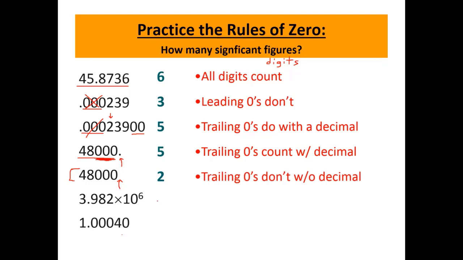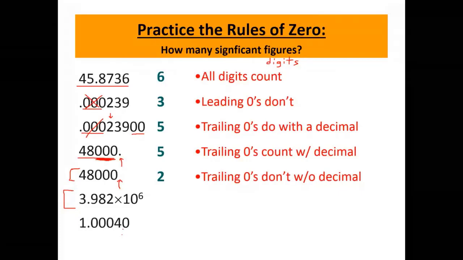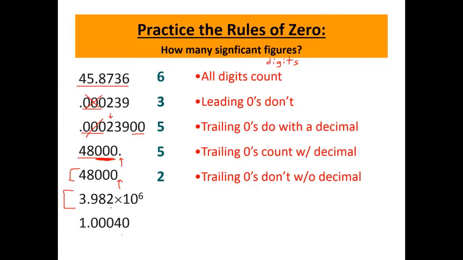All right. Now, with scientific notation, let's see if you got this. How many significant figures are in this value? Is it 3? Actually, it's 4. The reason is this: the times 10 to the 6 does not affect the number of significant figures at all.